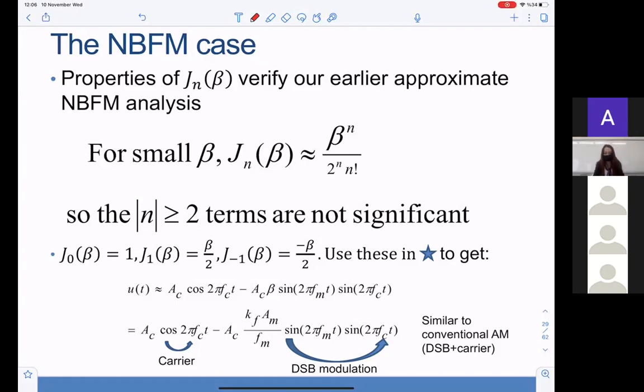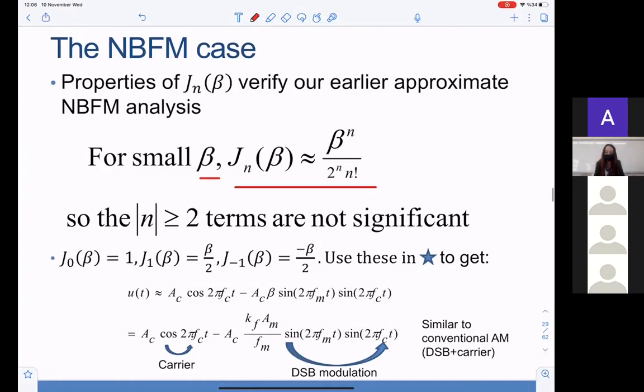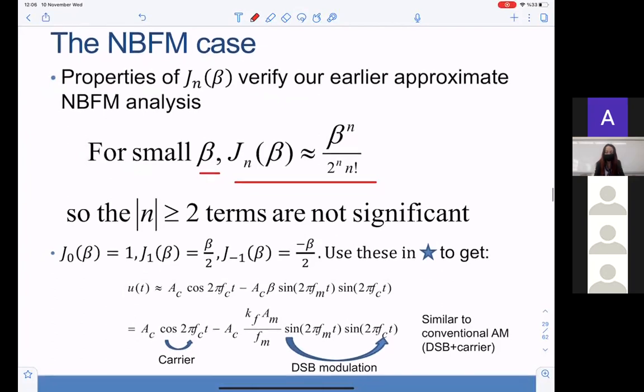Let's take a look. When beta is small, people have shown that this Bessel function can be approximated, and you could show it by doing a Taylor series expansion, theoretically, by beta to the n over 2 to the n n factorial.